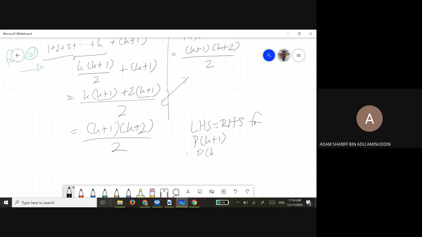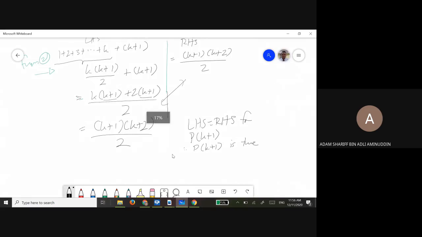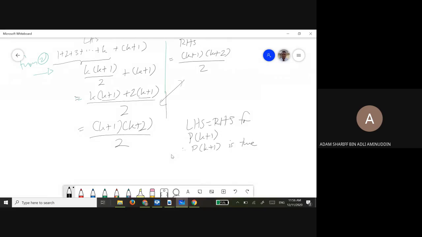For the case of k plus 1 is also true. Okay? Make sure you tunjuk ini. Ada setengah student dia ngelat. Dia terus tak buat yang ni, yang biru ni dia terus tulis yang bawah terus. Mana boleh? Dia mesti ada jalan dia.